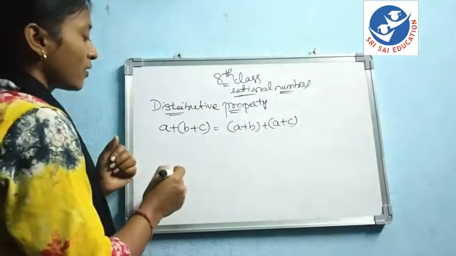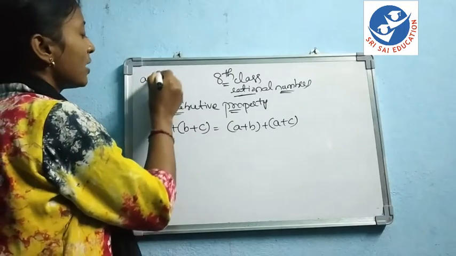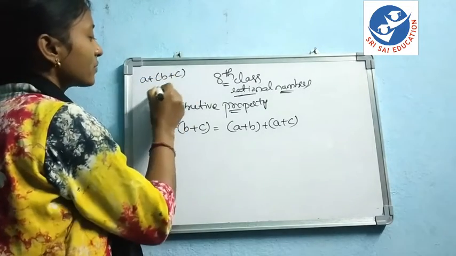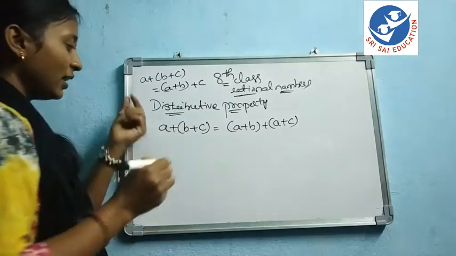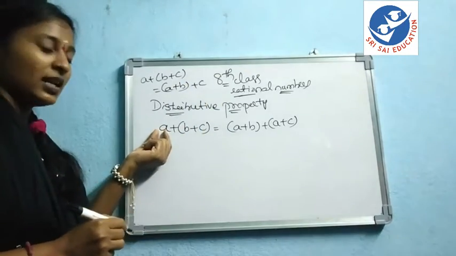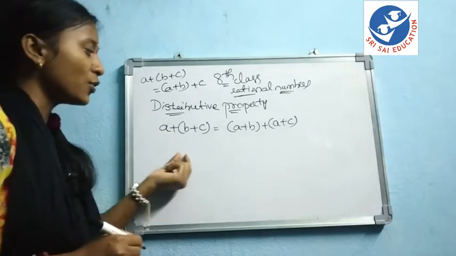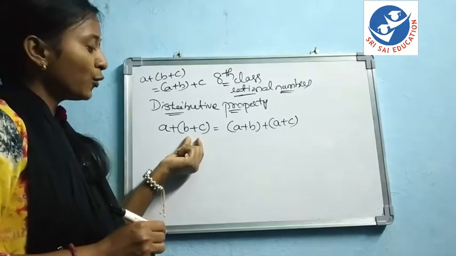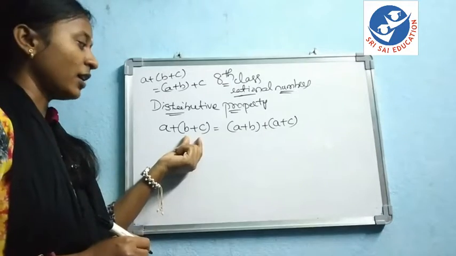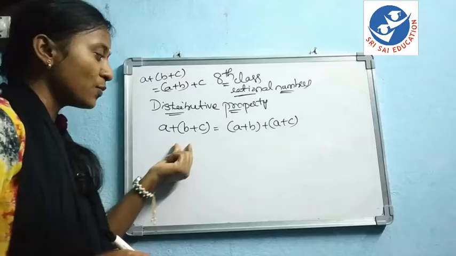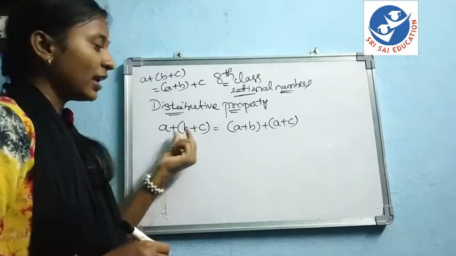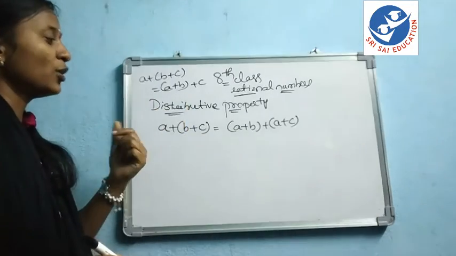But in the associative property, a plus b plus c, a plus b is a single number. But in this, the first number is distributed to the other two numbers or three numbers, whatever it may be. That is the distributive property. The first number is distributed to the other numbers. This is the distributive property.